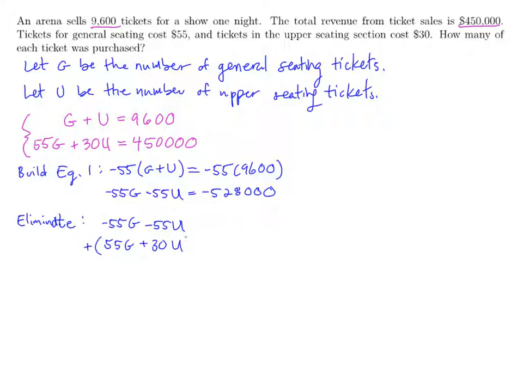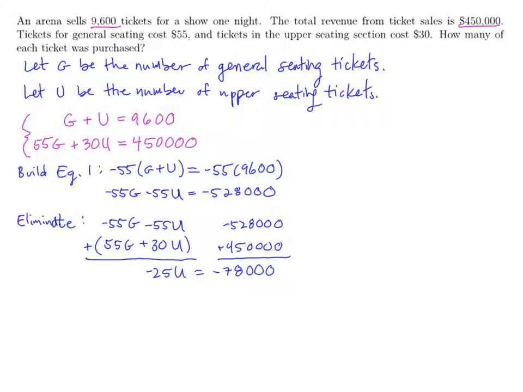So we're adding that. And then the right-hand side will have negative 528,000, and we'll add 450,000. That'll leave us with an equation that has on the left-hand side negative 25U, and on the right-hand side negative 78,000.